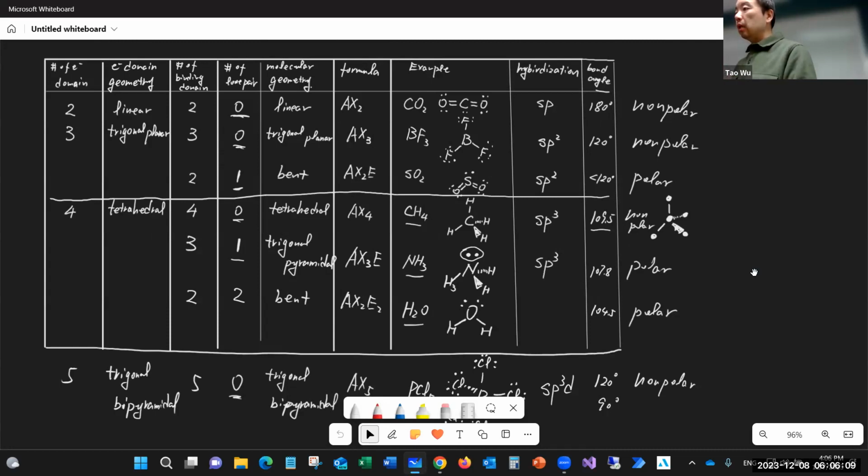We also talked about polarity. Polarity is because we have a separation of the positive charge and the negative charge. The polar and non-polar classification is not about ionic compounds; it is majorly about molecular compounds, because ionic compounds are all polar.